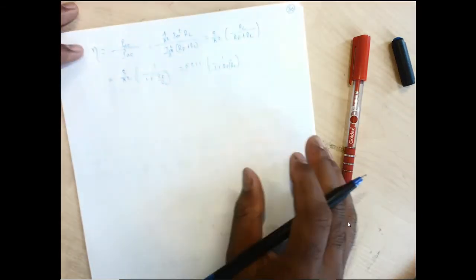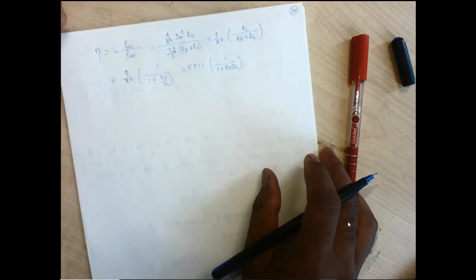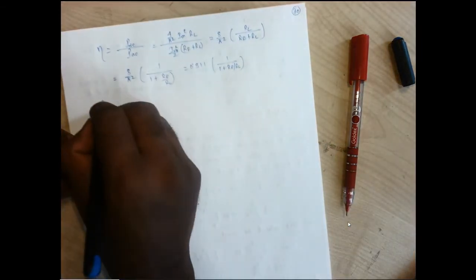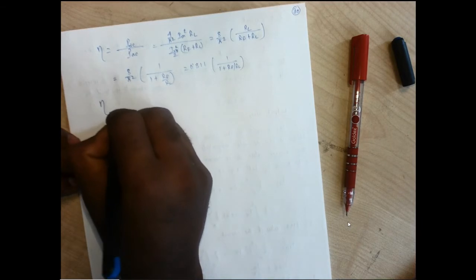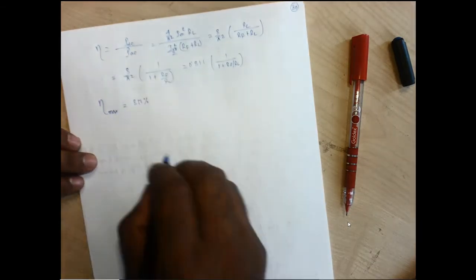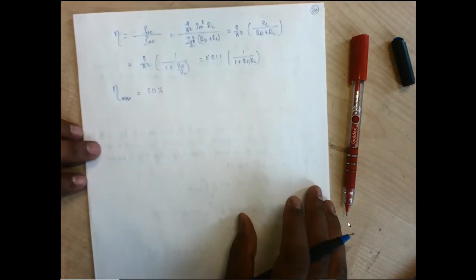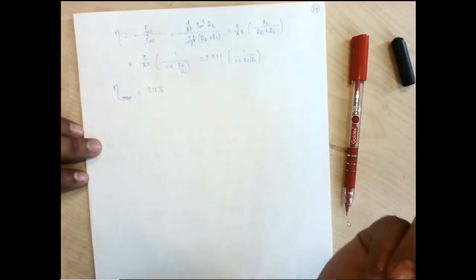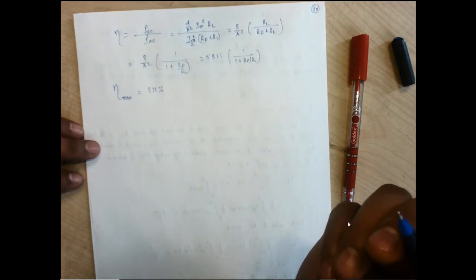If we consider the forward resistance is very small, eta max can be 81.1%. The maximum efficiency of the full wave rectifier is 81.1%.